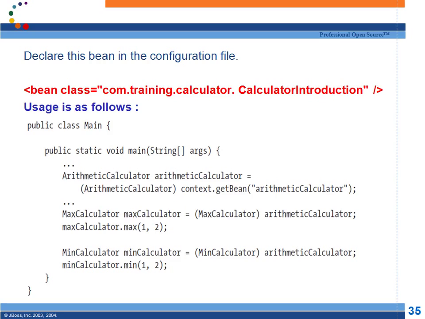I declare this calculator introduction, and I am asking for arithmetic calculator. I'm asking for arithmetic calculator, but I'll get a proxy which is implementing min calculator, max calculator, and calculator all. So I can typecast it to max calculator and call, or typecast to min calculator and call.